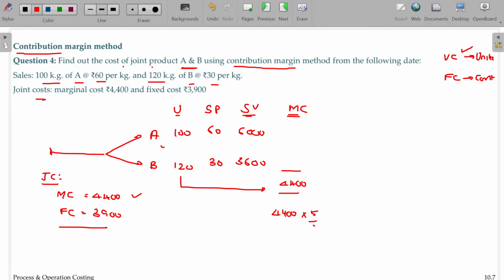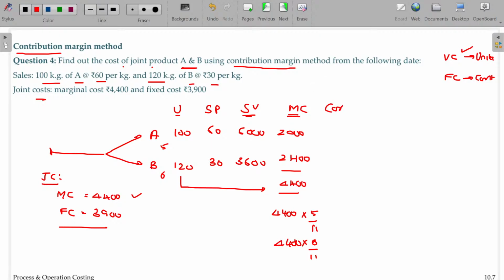This is 5 share and this is 6 share, so 5/11 is for A, which is 2,000, and 4,400 into 6/11 for B is 2,400.